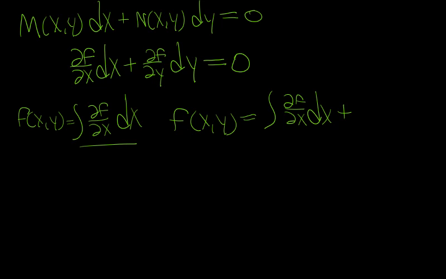Now this constant of integration, unlike with single variable functions, is actually a function. It's a single variable function, and the variable that it would be a function of is y. So plus c of y.